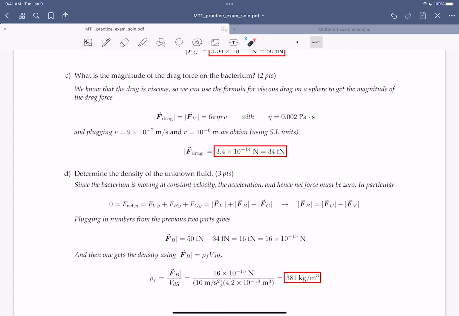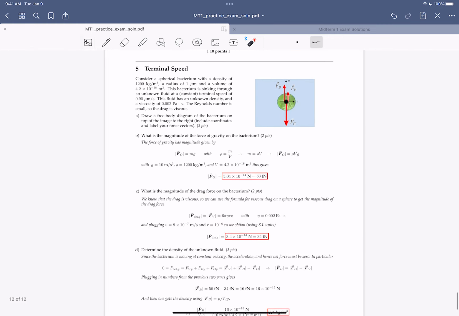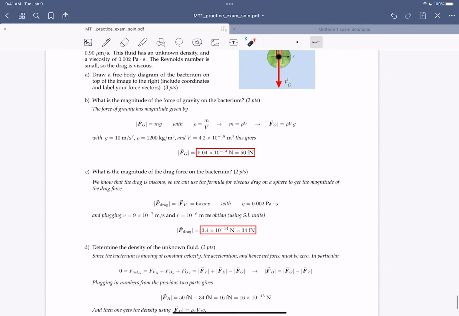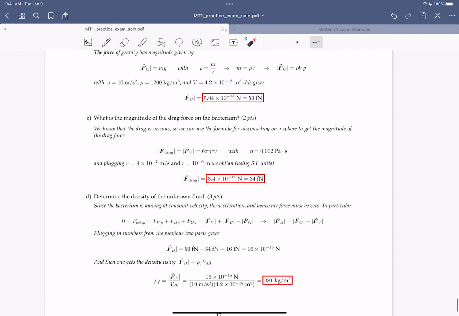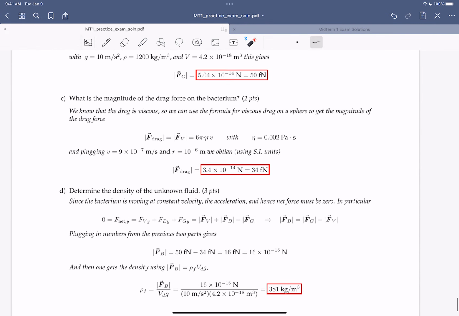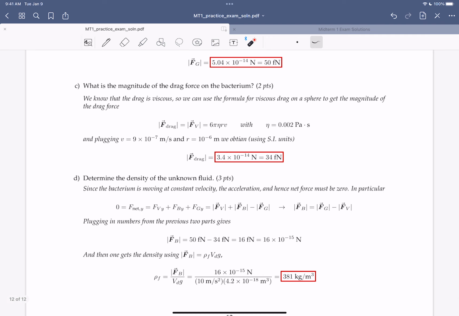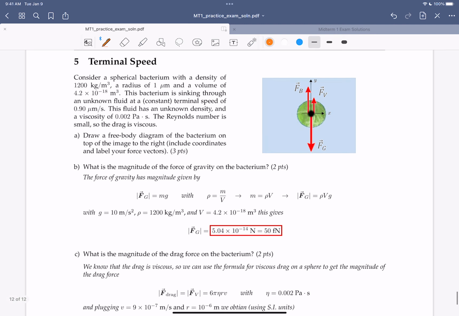So since the bacterium is moving at a constant velocity, acceleration, hence net force, must be 0. Okay. So we have the buoyancy force and viscous drag pointing upwards, and then gravity pointing downwards, right? Now, if you've already figured out your drag force, and I think they gave you buoyancy, is that right?